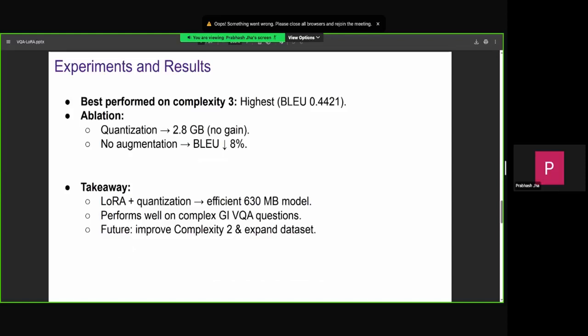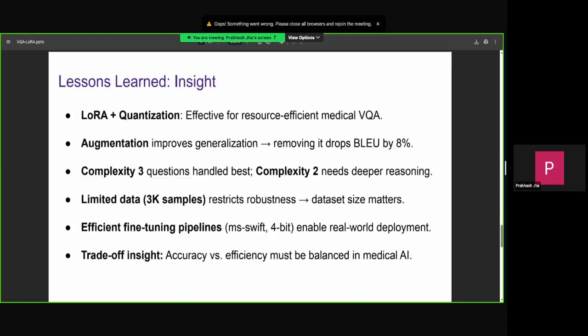Looking forward, we want to improve on complexity level 2 and expand our data set. So now let's talk about the lessons learned. From this project, we gained valuable insights. The LoRA plus quantization model proved efficient for resource-efficient medical VQA. Augmentation improved the generalization. As I mentioned earlier, removing augmentation dropped BLEU by almost 8%.